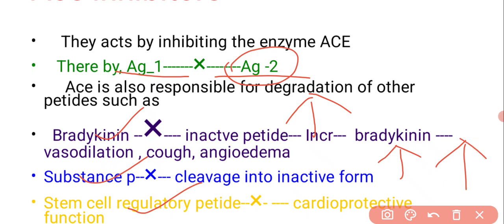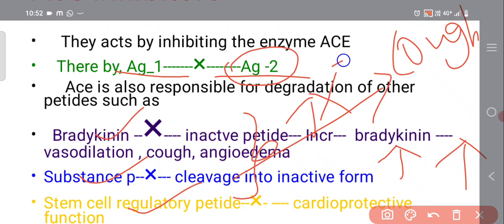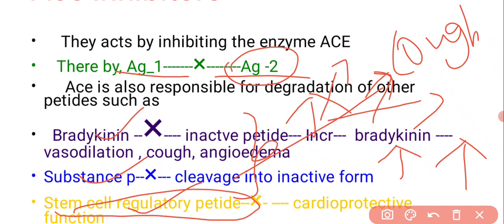This bradykinin and substance P elevation may contribute to side effects such as cough, and also causes vasodilation, but it is short lasting. It may contribute to the dry persistent cough, and is also responsible for angioedema. And this increased stem cell regulatory peptide may contribute to the cardioprotective actions of the angiotensin converting enzyme inhibitors.